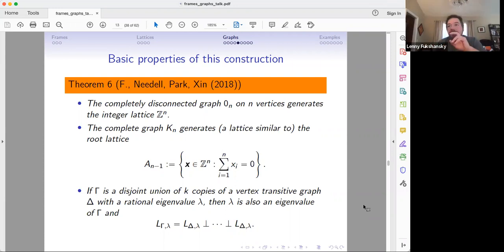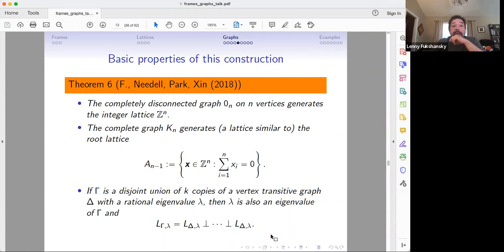Similarity means that two lattices are similar if you can get from one to the other by an orthogonal transformation and a dilation. For all practical purposes in lattice theory, people always view lattices up to similarity.